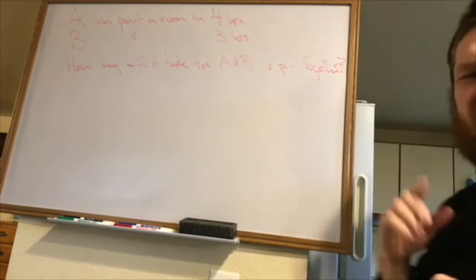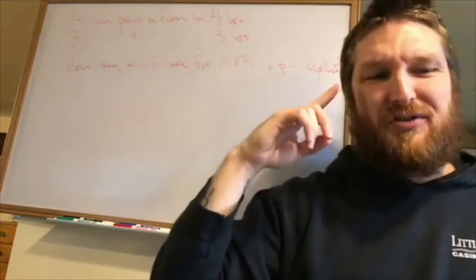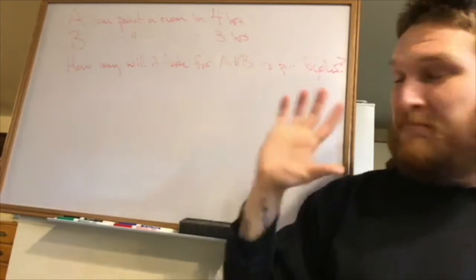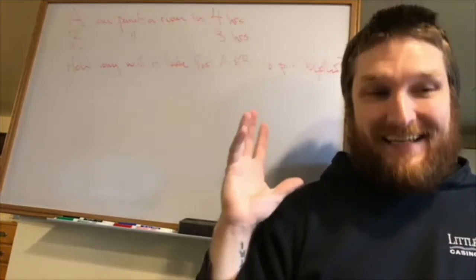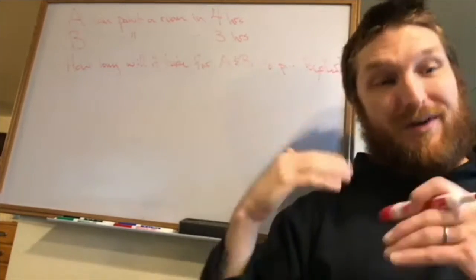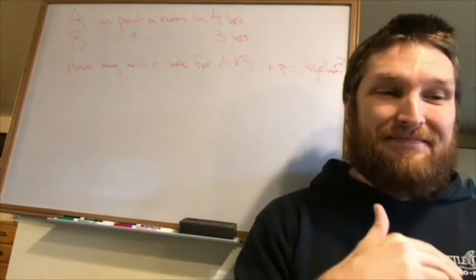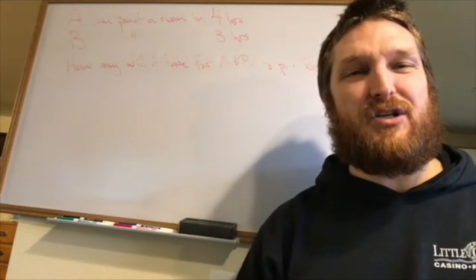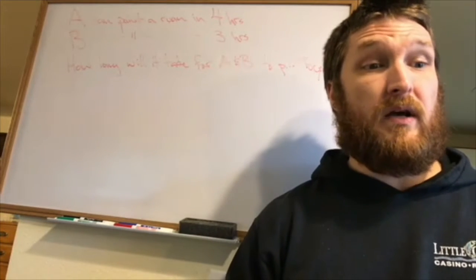Oh yeah, let's just think about this. Let's think about what our answer should look like. So first off, if they're working together, should it take more time or less time? I would assume less time. This is one way you could check when you get an answer and go, wait a minute.